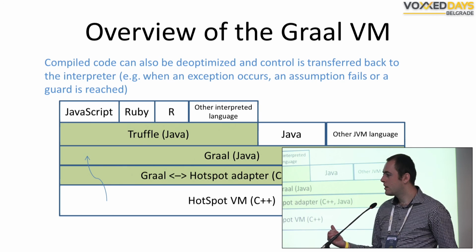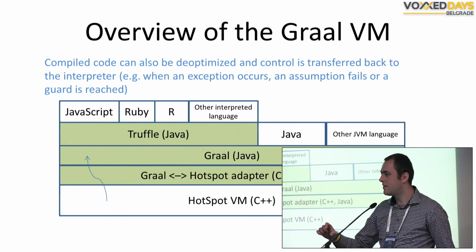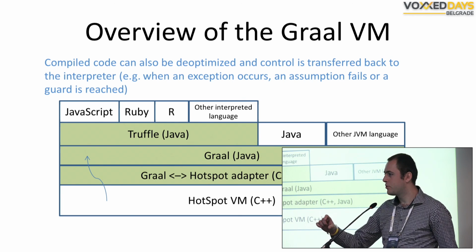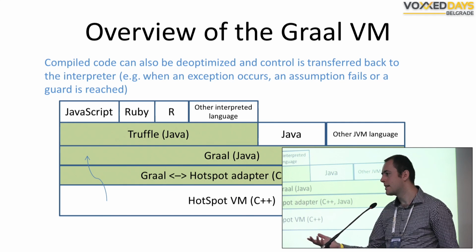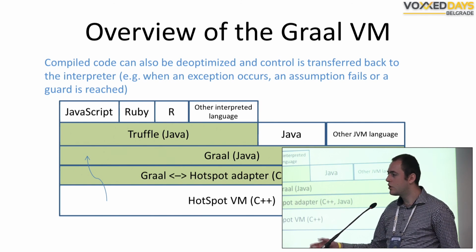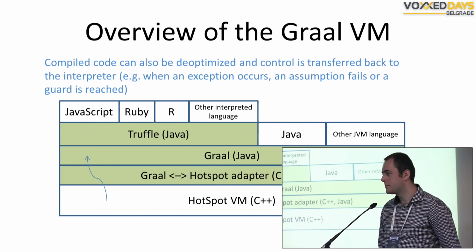There is currently no standard documentation that specifies how the HotSpot adapter or the Maxine adapter is implemented. It's inside the source code. So you can get the Graal core project and see how it is implemented. Okay, thank you. Yeah, welcome.